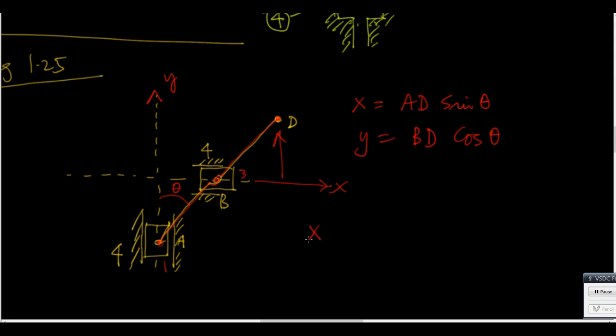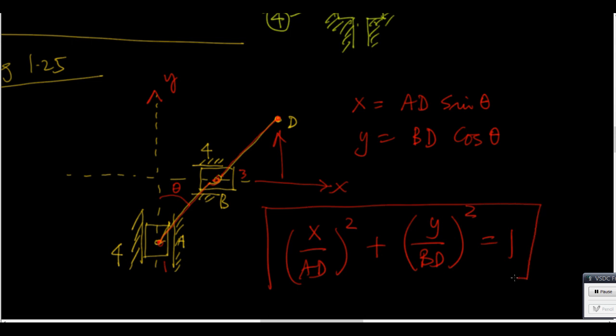This means (x/AD)² plus (y/BD)² equals 1. That's the equation of an ellipse. And therefore, this point will trace an ellipse.